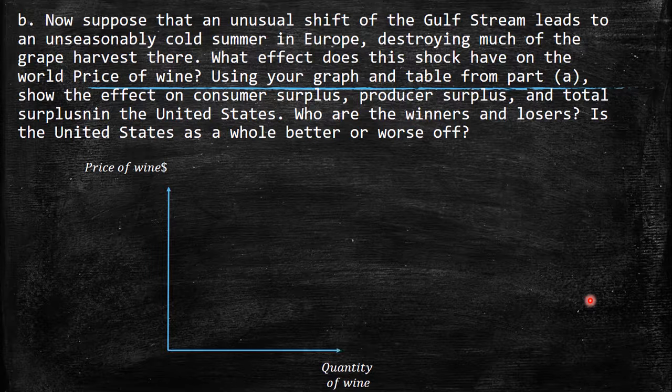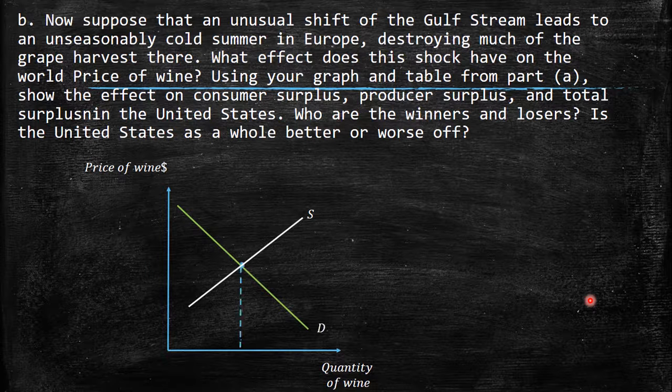So here I'm going to represent the condition in the total market. We know that this was the total market of wine when there was P star, Q star, the equilibrium price and quantity. But given the weather problem, the supply is going to be affected.